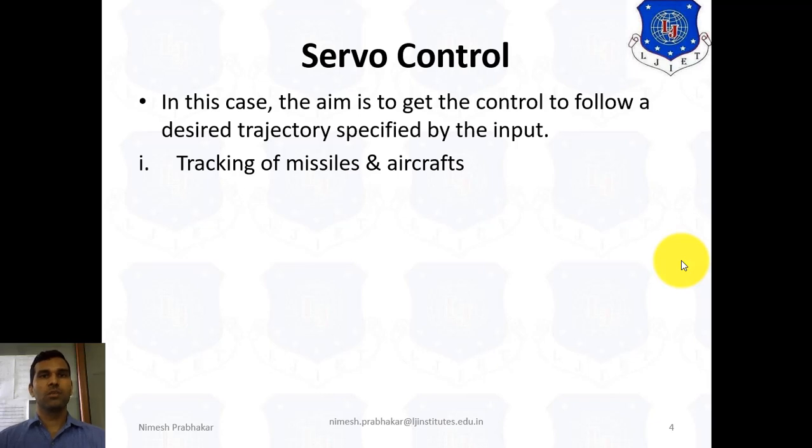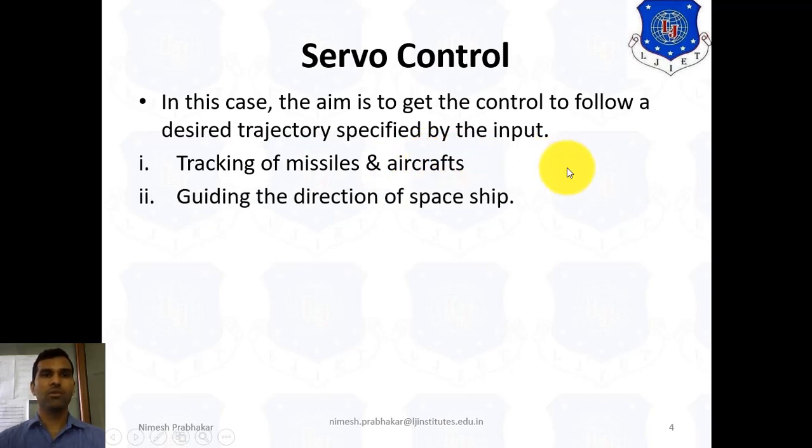This control system is used in the tracking of missiles and aircraft, because at the time of launching a missile, the trajectory that the missile follows is very important. So it is used for tracking of missiles and aircraft, and also for guiding the direction of a spaceship.